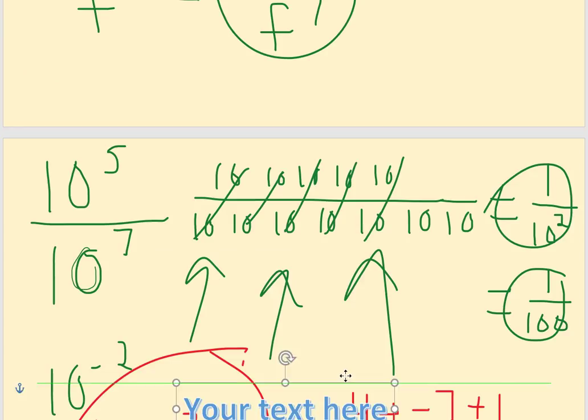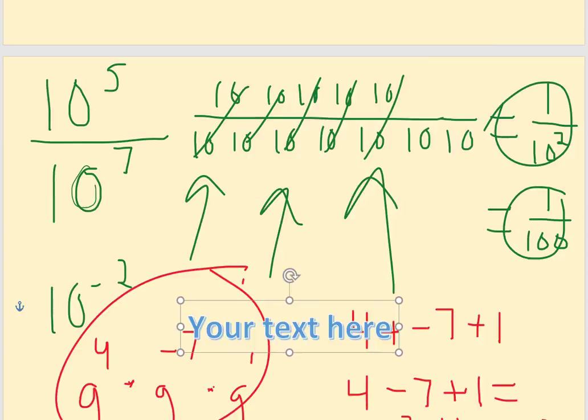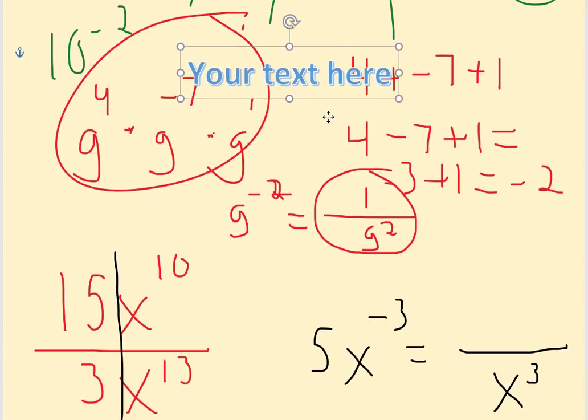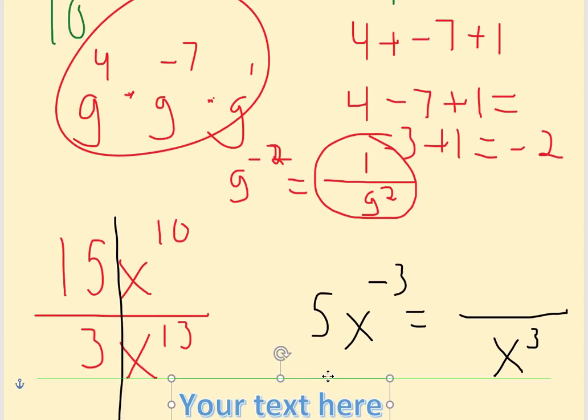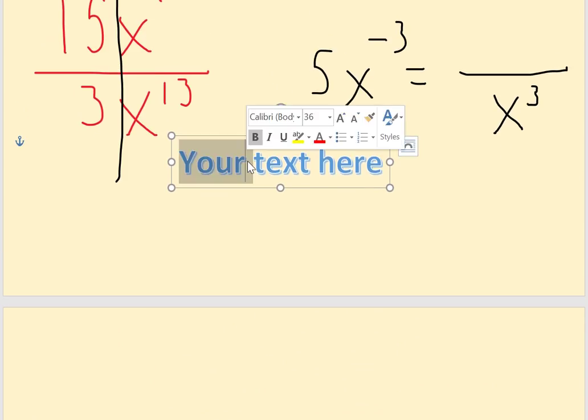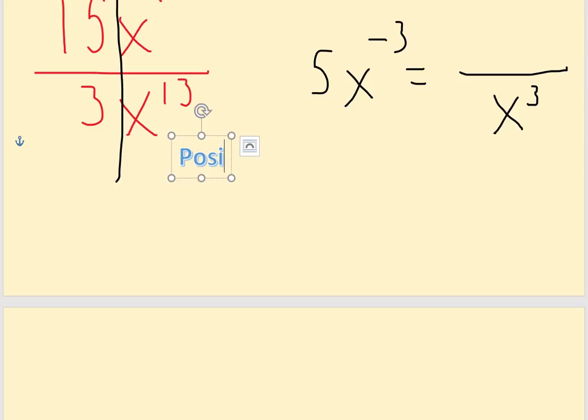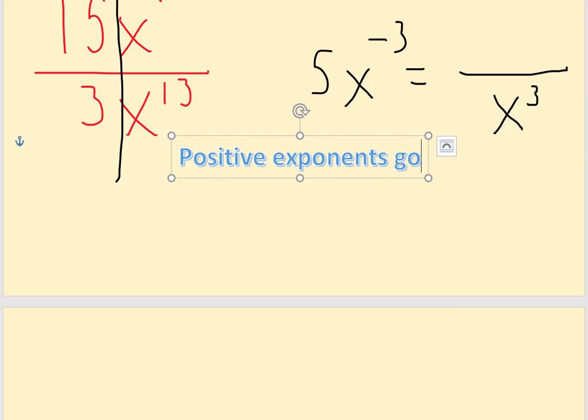Okay, so we're going to write this down here. Positive exponents go in the top.